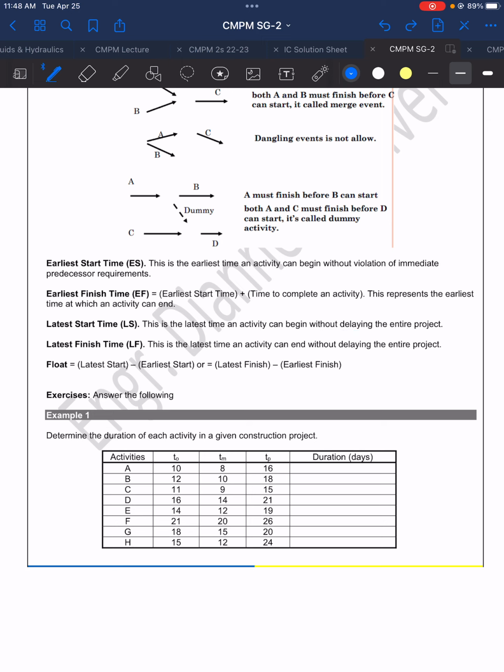And as for the float, we have two formulas. You could either subtract the earliest start from the latest start, or subtract the earliest finish from the latest finish. Whichever of these two formulas you use, they will have the same outcome. And that outcome is the float.